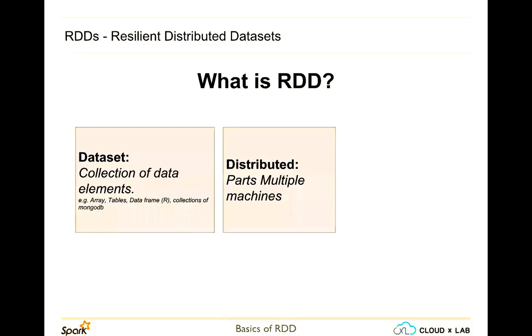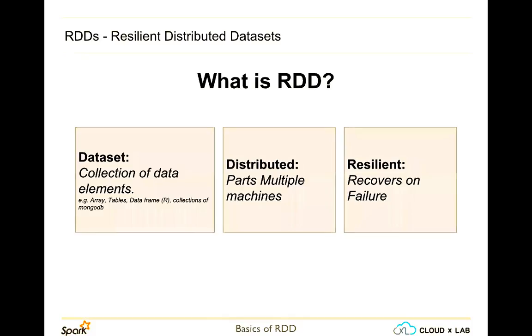It has three words in RDD. It is a distributed data set, and it is resilient. Distributed means that the parts of the RDD will be running on multiple machines, while for you, the RDD will look like an array.